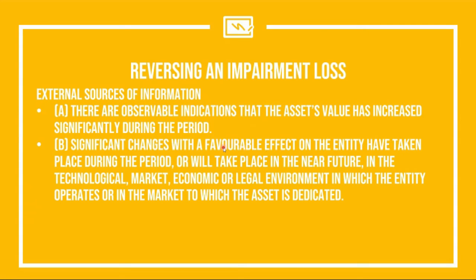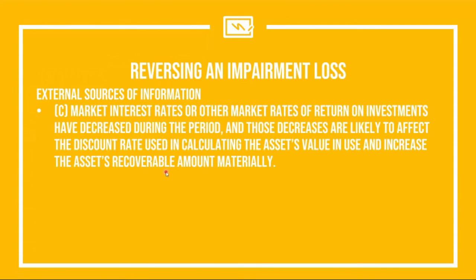Take note, in our previous discussion, if it is unfavorable or adverse to the entity, then it results in impairment. If the change is significant and it is now favorable on our part, then it is an indicator of your reversal of impairment. Letter C, market interest rates and other market rates of return on investments have decreased. A decrease in the market rate will result in an increase in the present value of the assets, which means an increase in value. So there will be a reversal of impairment loss.